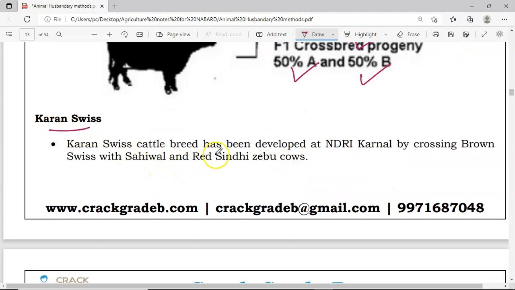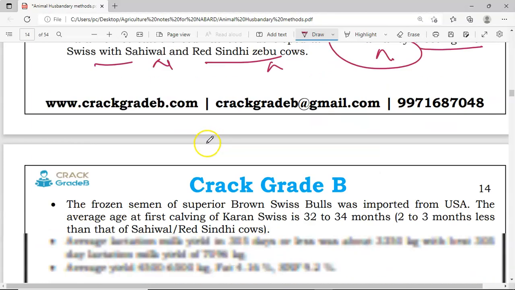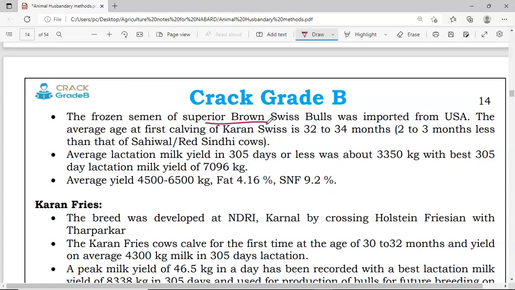Example, the Karan Swiss cattle breed has been developed at NDRI Karnal by crossing Brown Swiss and Sahiwal. So this is highly tolerant to diseases and climate, and is adaptable to the climatic conditions of our country. The frozen semen of the superior Brown Swiss bull was imported from USA, and the average age at first calving of Karan Swiss was 30 to 34 months, 2 to 3 months less than that of the Sahiwal.